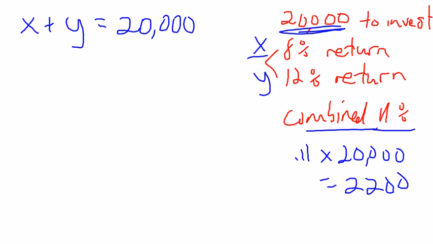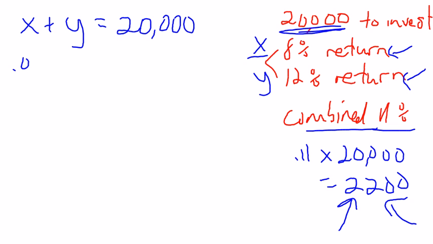The next equation is going to involve this. I want my targeted earnings to be $2,200. So I'm going to take 8% of x, because that's that return, 12% of y, and add them and get the 2,200.